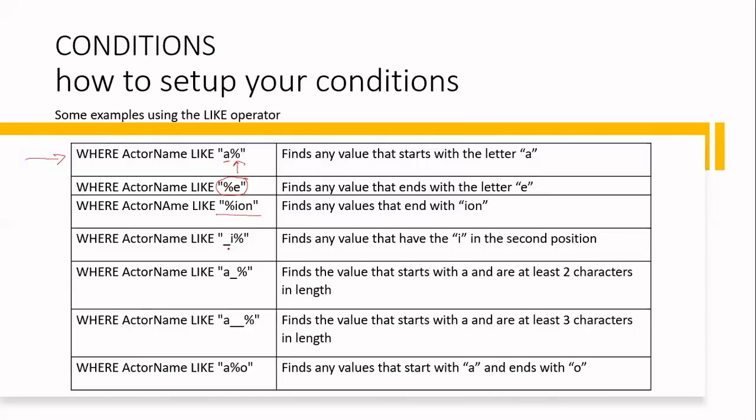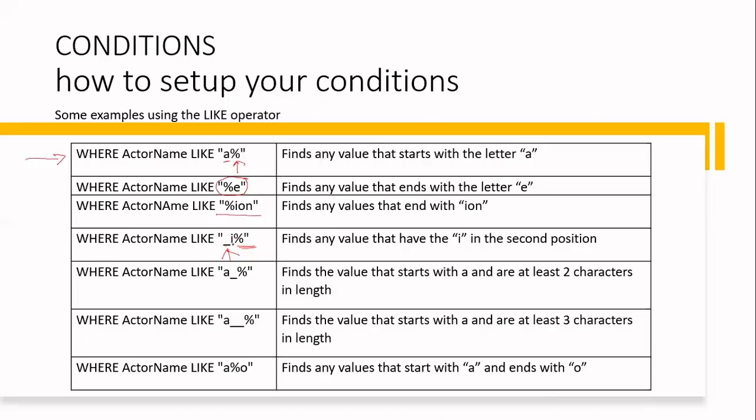Here is a wildcard where we're using the underscore. And remember that the underscore refers to a single character while the percentage was multiple characters. So this pattern is saying that the first character can be anything. The second character must contain the letter I, and thereafter you could have any other characters that could follow.